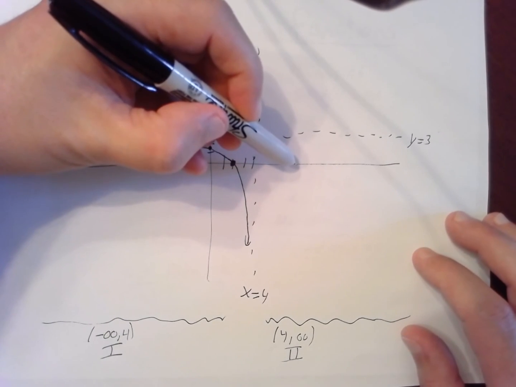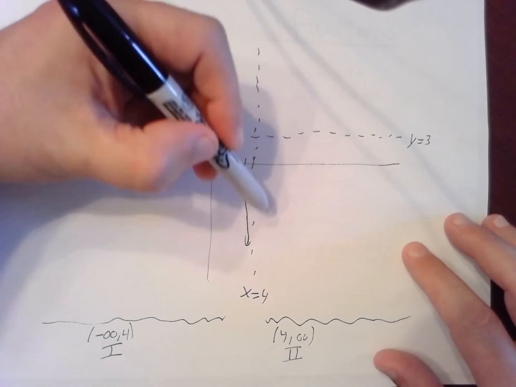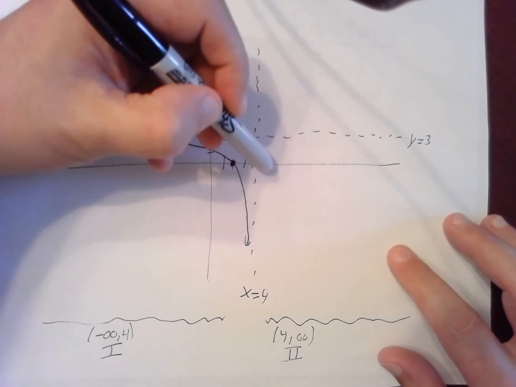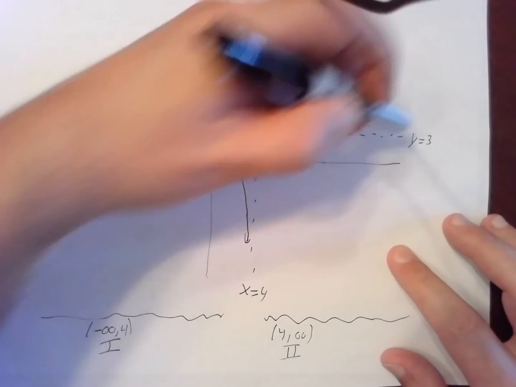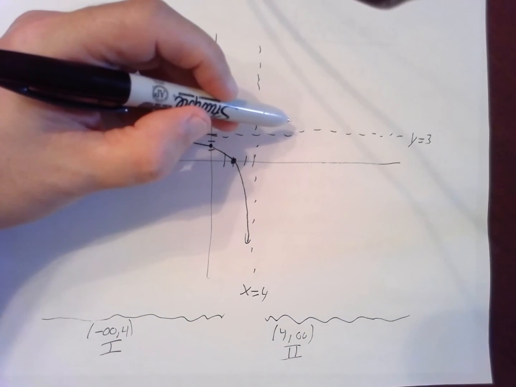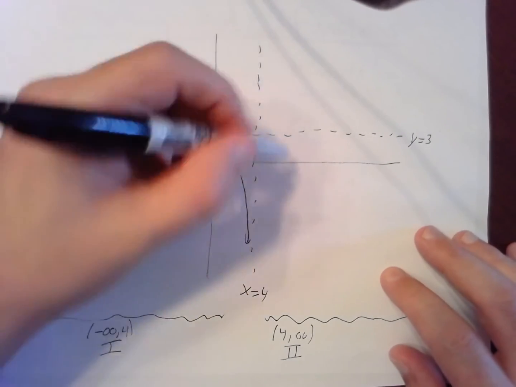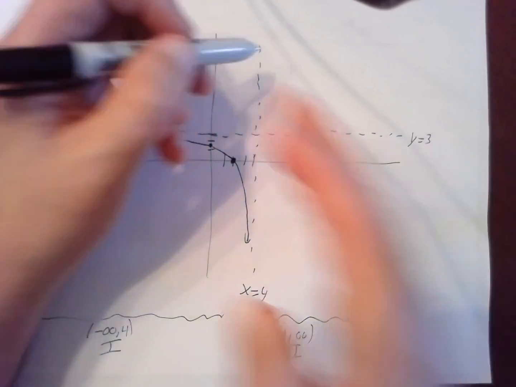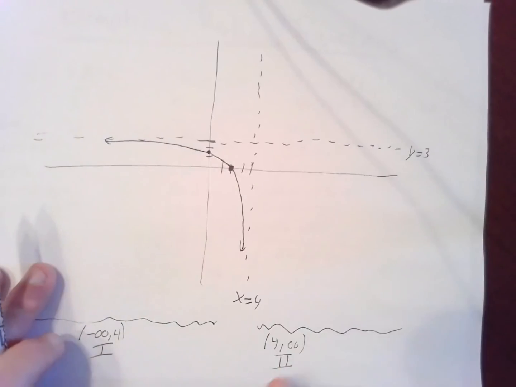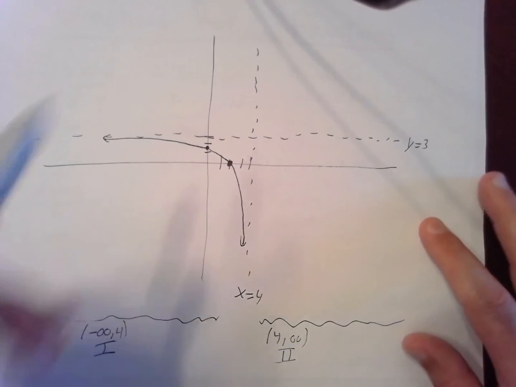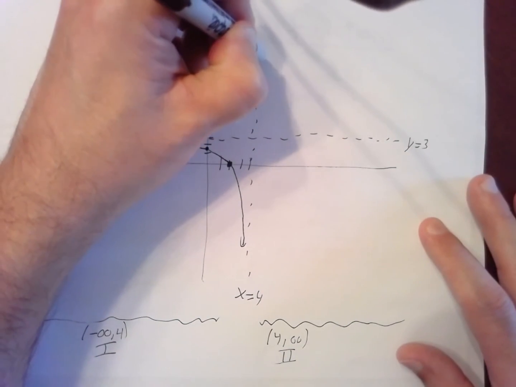There are none right there. Okay, could the graph go like this? Come up and cross over the asymptote? No, we don't cross the asymptote. We've already figured that out. The only possible place the graph can live over in this section from 4 to infinity is up here in this corner.